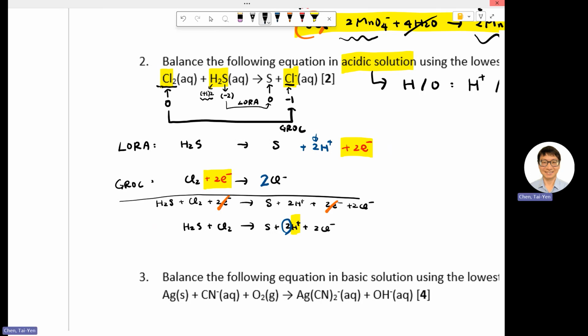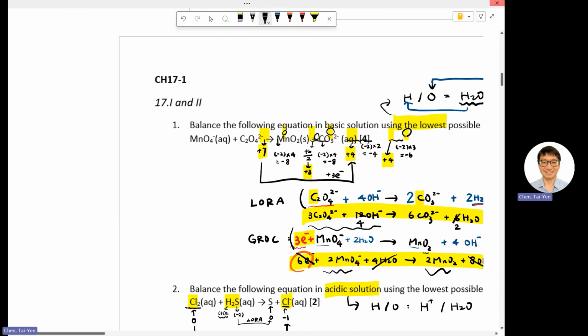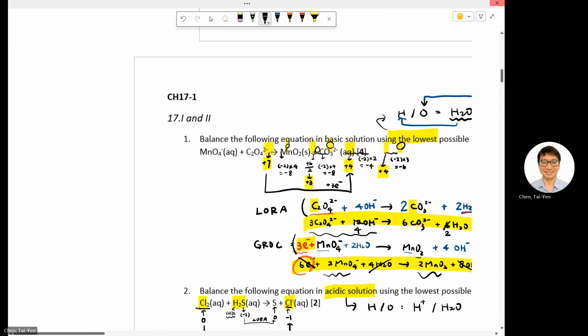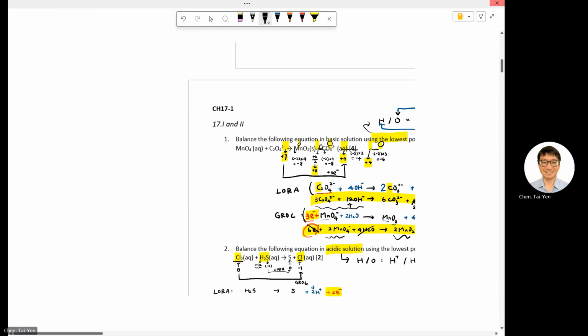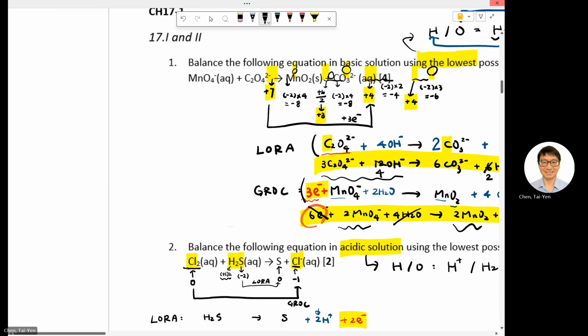Therefore, we use H2O to compensate the missing H, and then we use 2 OH minus for the missing oxygen.